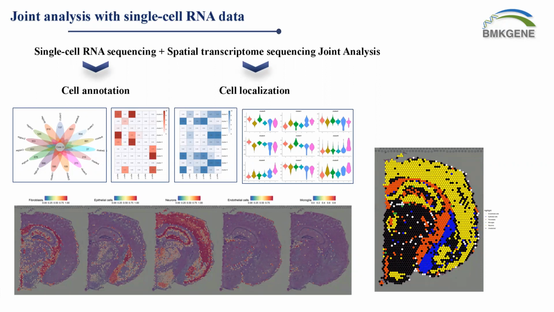So that is not exactly a single cell level study. This can give us enough information on what has been expressed in each part of the tissue, but it still can't give us very accurate information on what exactly the cell type is on that part.